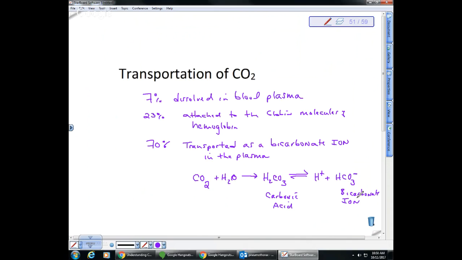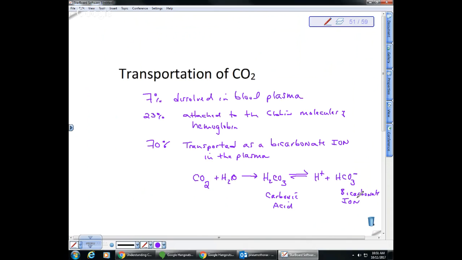So we breathe in, we release CO2, and then it gets picked up by the blood, and it gets converted into bicarbonate ions. And then when it gets to the lungs, it has to be reconverted and put back into CO2, and then we breathe it out.